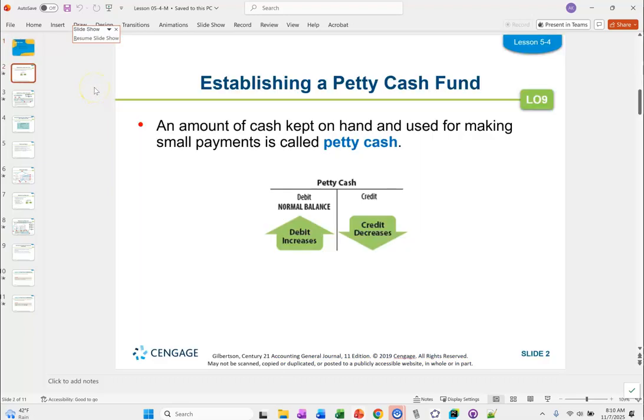All right. So the first thing you'd want to do is establish the fund. The amount of cash kept on hand for making small payments is called petty cash. Again, debit is when money comes in, credit is when money goes out.